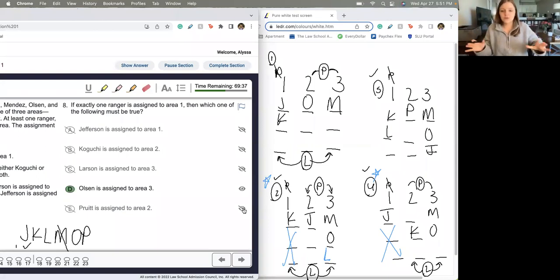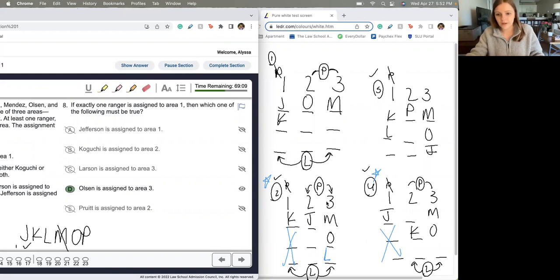Now, the trick to these must be true questions, and why it comes to me so quickly, why I know D is the correct answer, is because I can predict this answer. Not even looking at my answer choices, if I know that I'm narrowed down to these 2 areas, and this is basically what I'm working on, L is forced in 3, I have a flip-flop over here, I can look at my diagrams and see what has to be consistent.